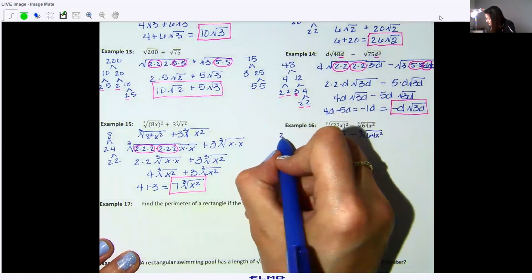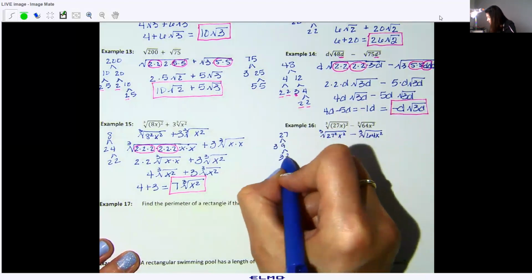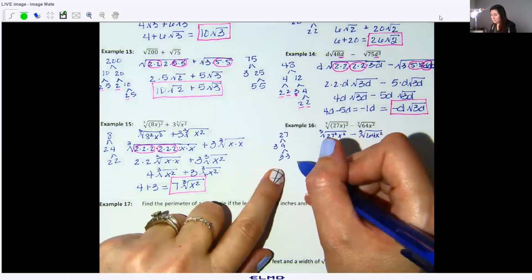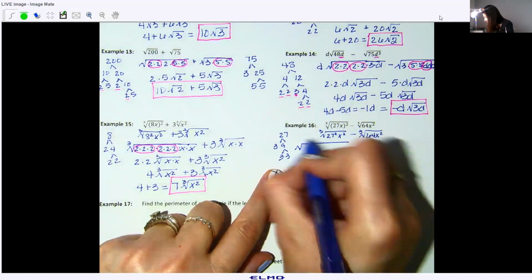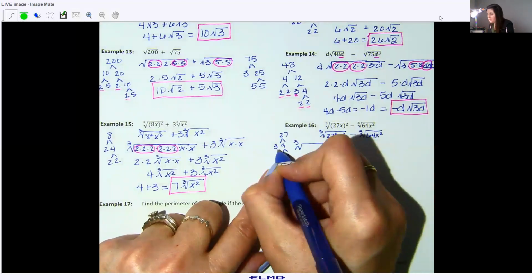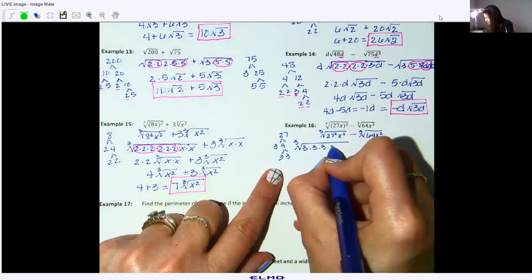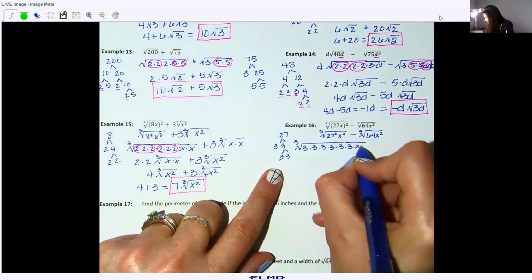So 27. Okay, now because 27 is being squared, I have to double my number of 3's. Okay, so I'm now not going to have 3, but I have 6 3's. And then don't forget your variables.